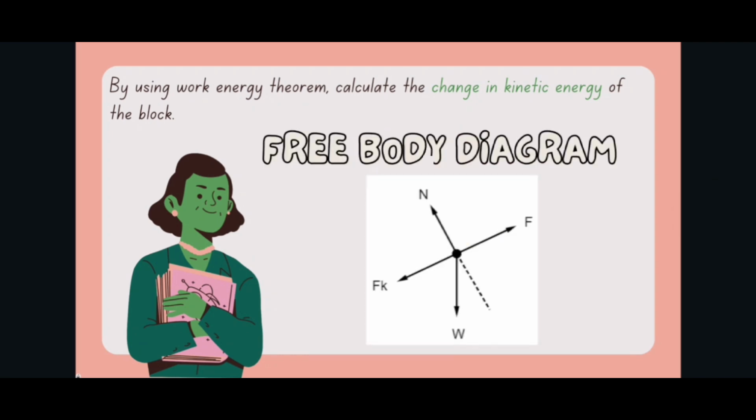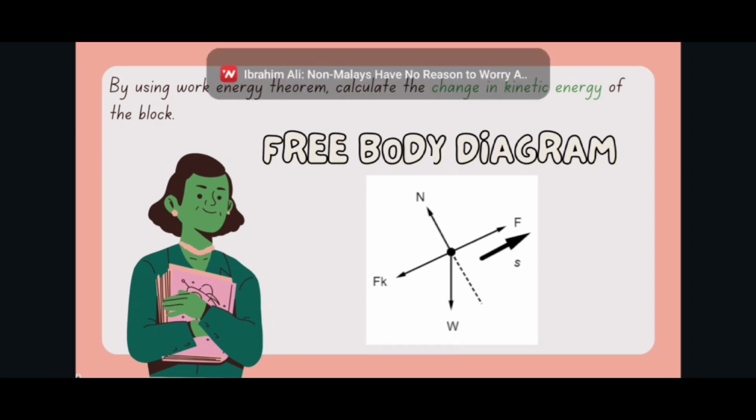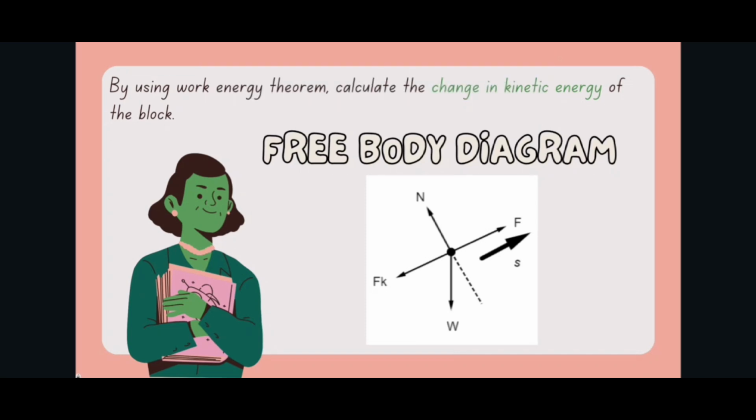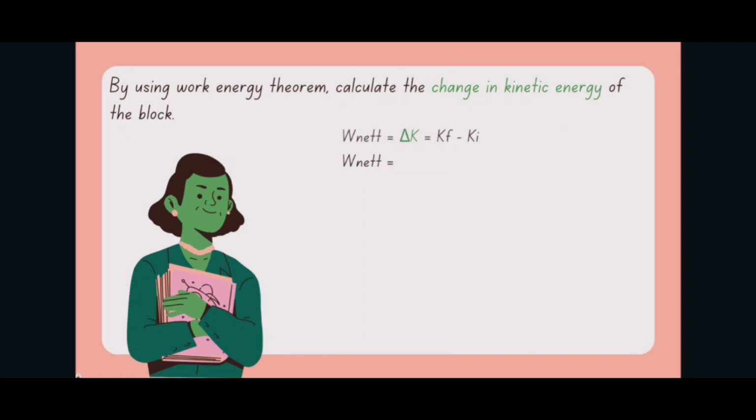This is the free body diagram for this question, and as you can see, displacement is parallel to the x-axis, which means the forces that we are going to use are the force given, the kinetic frictional force, and also the Wx component. And thus, we can also write the equation as summation of Fx times displacement. If you take a closer look, you can see that the cos theta is gone now.